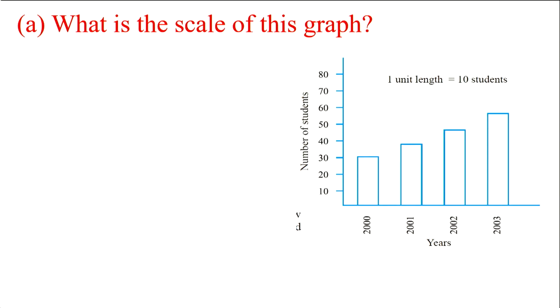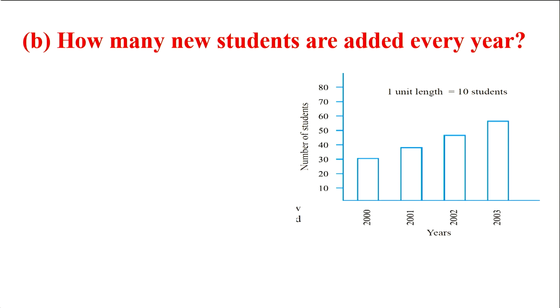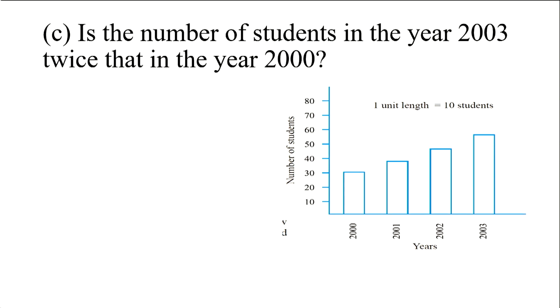Let us answer the questions. What is the scale of this graph? The scale of this graph is 1 unit length is equal to 10 students. It is easy to identify, which is given already in the graph. How many new students were added every year? If you look at the graph, we will come to know that 10 students are added every year.